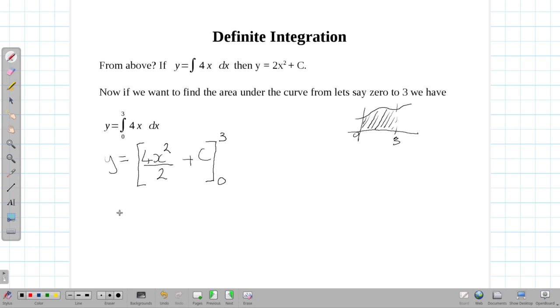Now I can obviously tidy this up a little bit, so let's do that. y equals, the 2 will cancel, so we'll end up with 2x squared plus c. Now when we do definite integration, we don't need to put the constant c in, for reasons that you'll see in a moment, but I'm just putting it in to prove the point and see what happens.